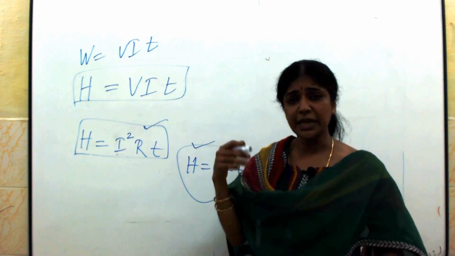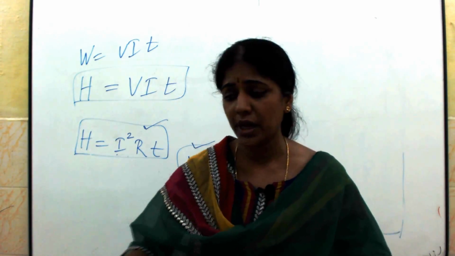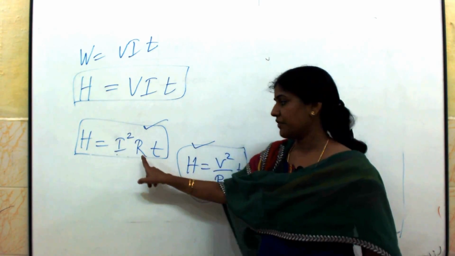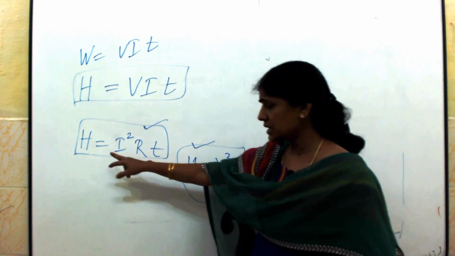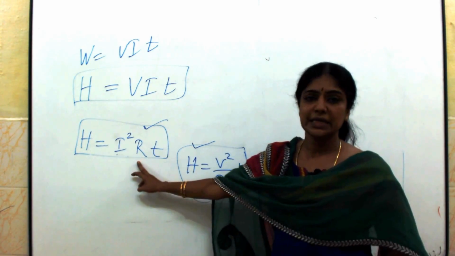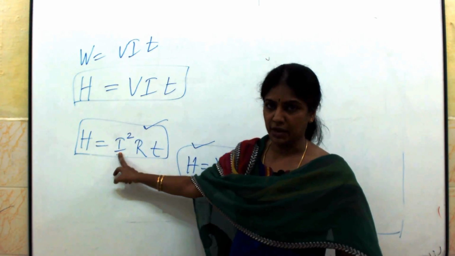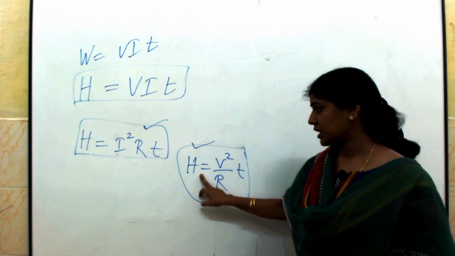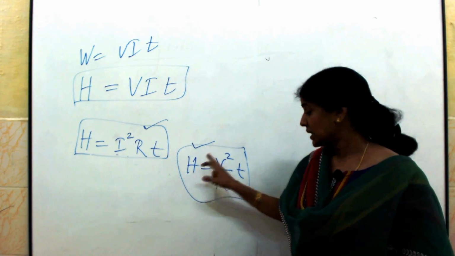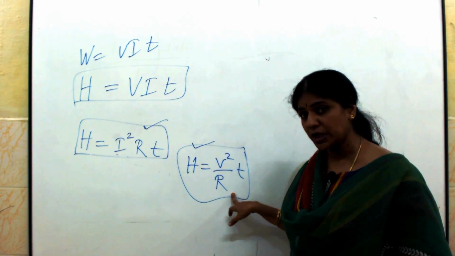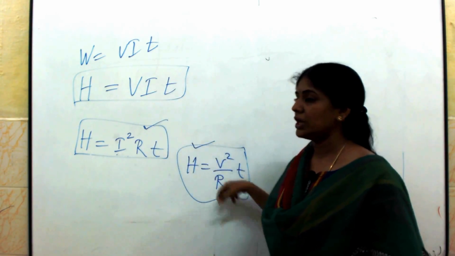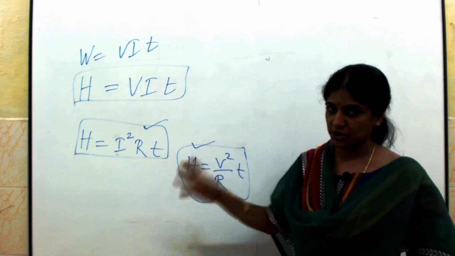That means if the current flowing in a conductor is more, then the heat produced is more, for a given resistance R. It is directly proportional to the resistance R for a given current. Then look at the third equation. Here the heat produced is inversely proportional to the resistance R for a given voltage. So these three we call the Joule's law of heating.